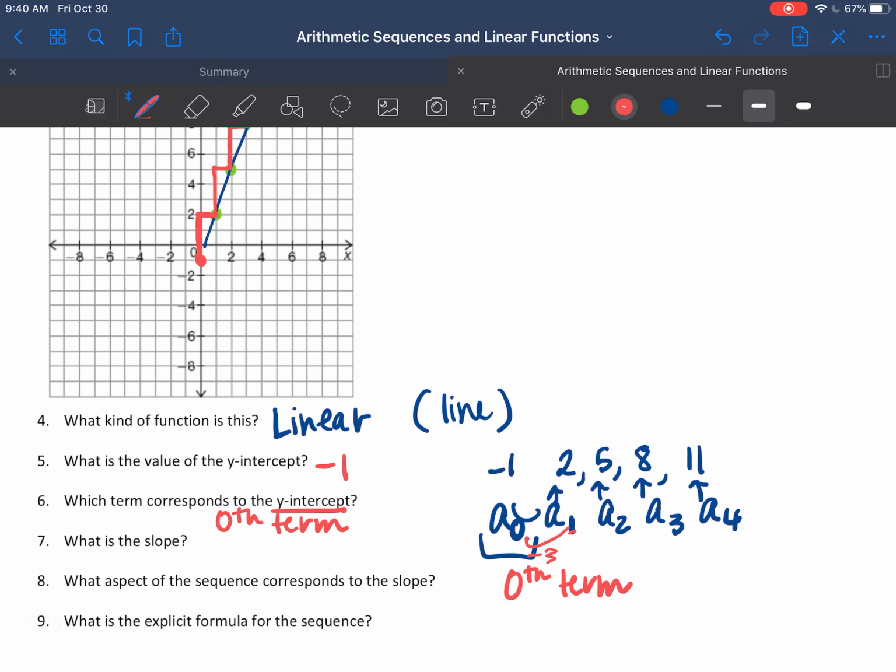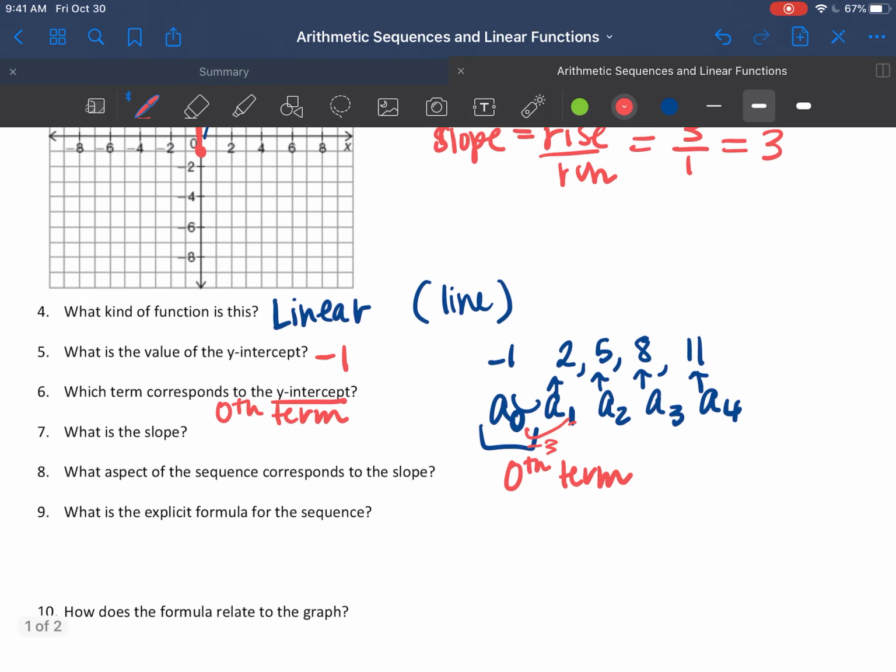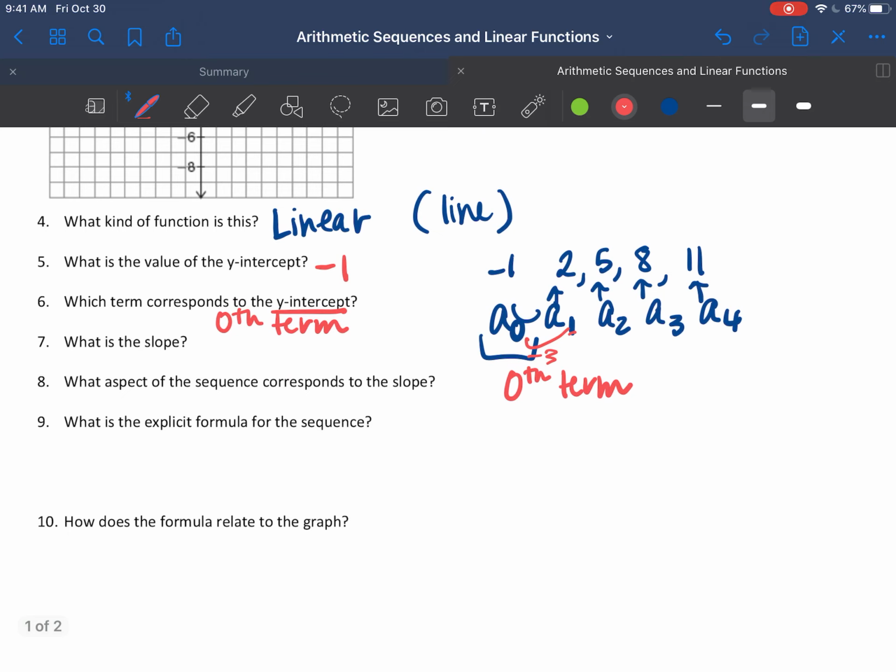Okay, for the slope, we already figured it out. We rise 3, run 1, rise 3, run 1. So for our slope, which is our rise over our run, we rose 3, run 1, which simplifies to 3. And so the slope is 3.